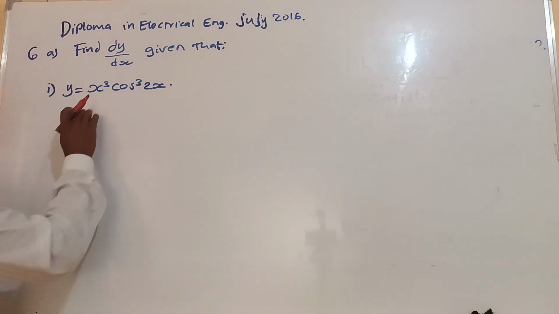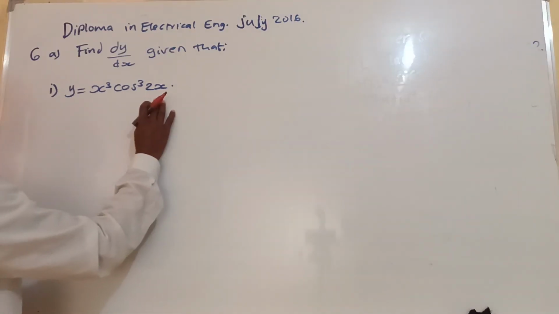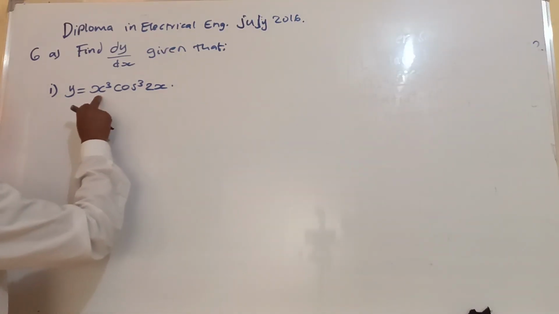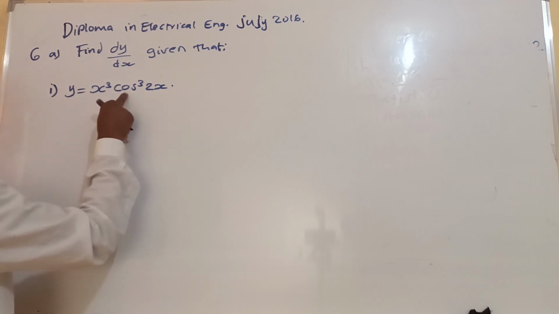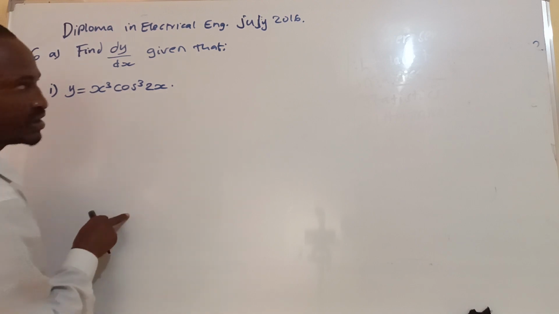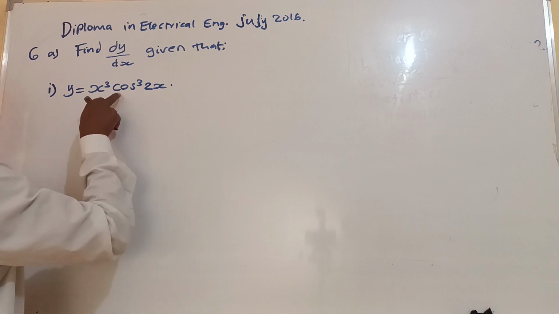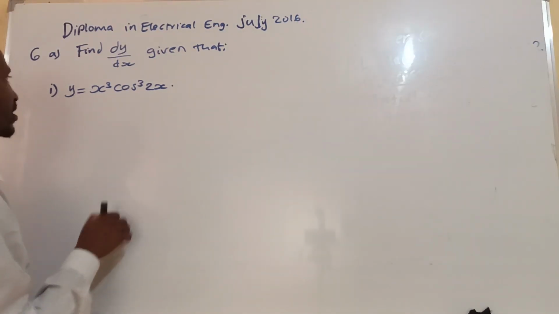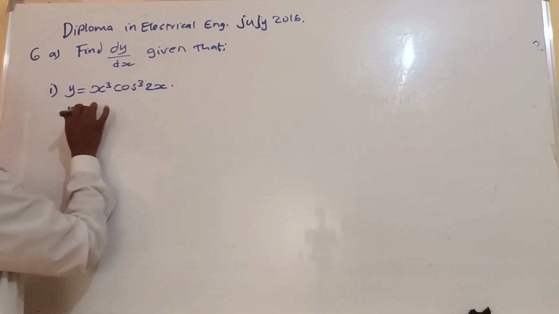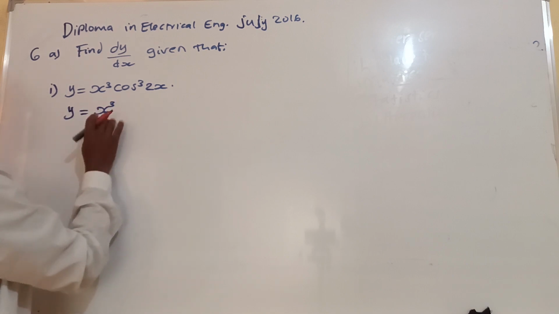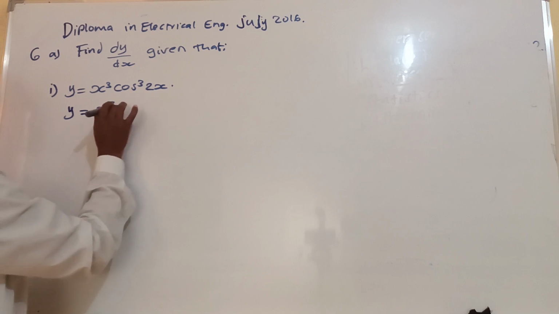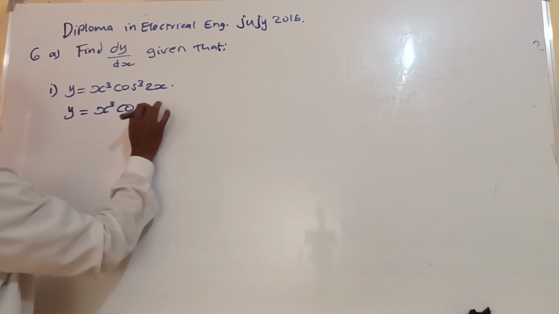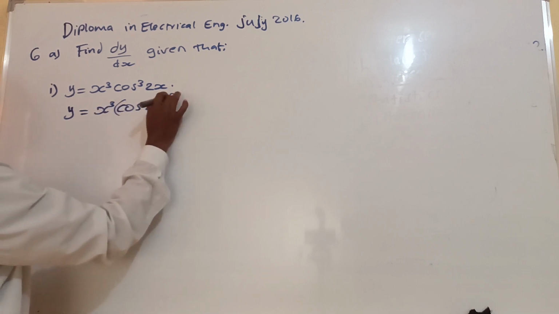Now, here you should notice this is a product of two differentiable functions, x cubed and cos cubed 2x. You should also notice that to differentiate cos cubed 2x, you need to use the chain rule. That is the same as saying y is equal to x cubed, the first differentiable function, times (cos 2x) to the power 3.